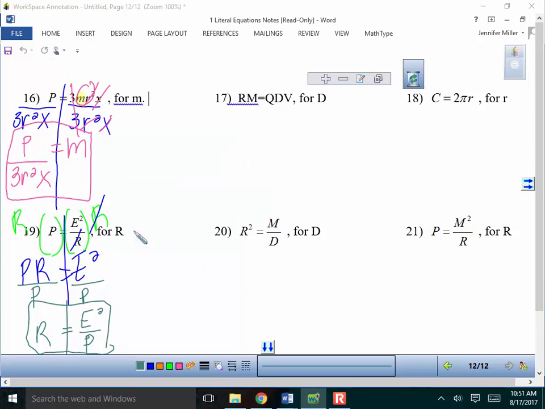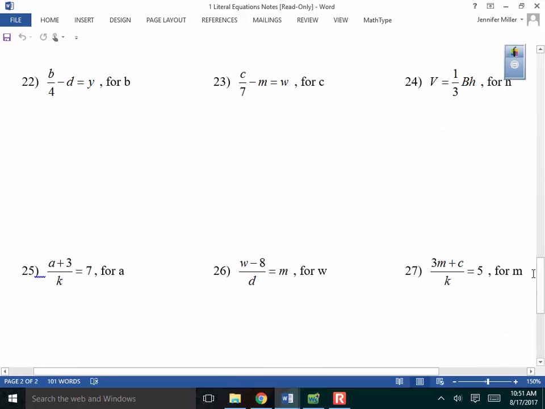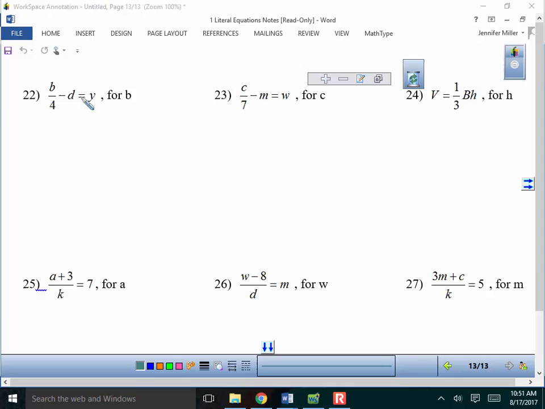Any questions here on 9, 10, or 11? All right, look at number 22. On number 22, it wants us to solve for B. So how would you like to start this problem off?